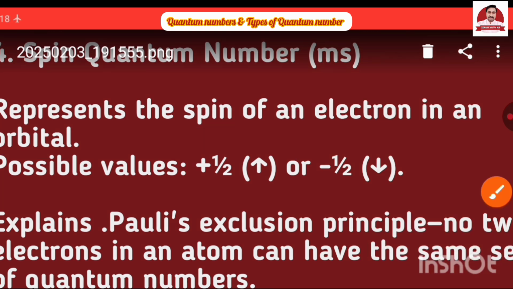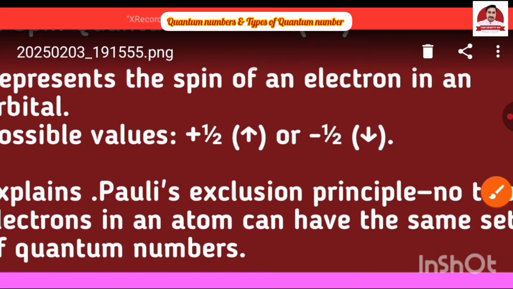And we know that from the Pauli exclusion principle, no two electrons in an atom can have the same set of quantum numbers. The Pauli exclusion principle says that if an electron has the same values, then this electron has at least one different value.